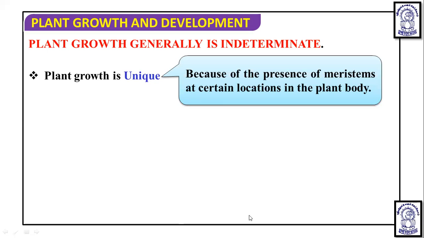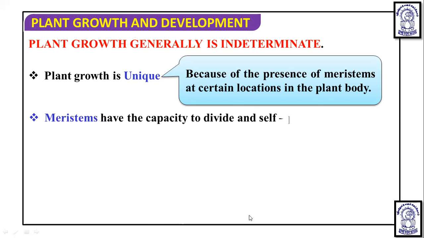And why do plants retain this capacity? Because this ability of plants is due to the presence of meristem at certain locations in their body. The cells of such meristem have the capacity to divide and self-perpetuate. Thus, the product, however, soon loses the capacity to divide, and such cells make the plant body.